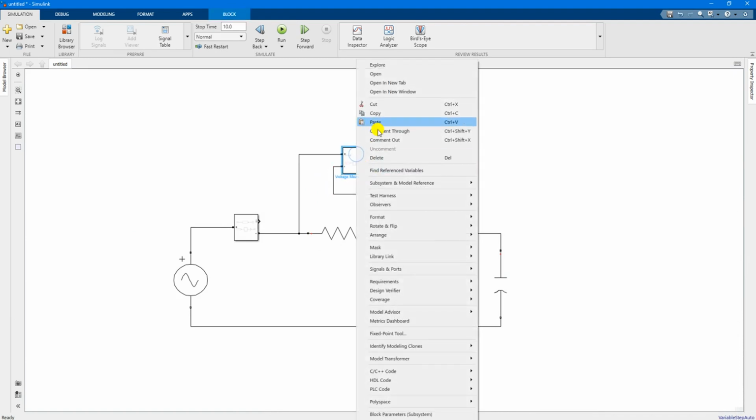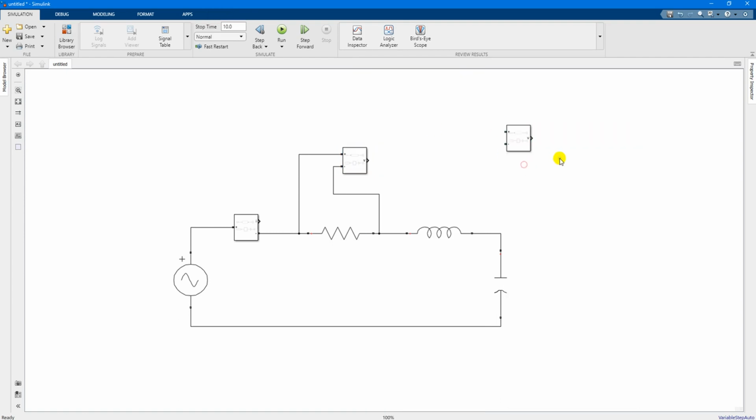Similar to the same idea, copy, we need 3 of these: 1 for the capacitor, 1 for the inductor, and 1 for the resistor. So we have here positive, negative, here positive. Sorry, Control Z, take this terminal here, take the other terminal here. So we have here our 3 voltages and current.